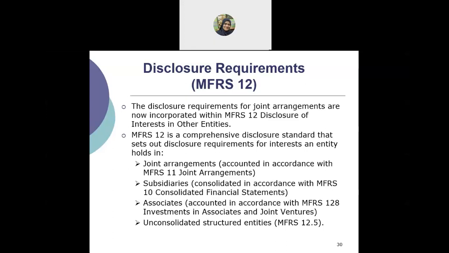We need to follow this standard for disclosure because it provides a comprehensive disclosure standard relating to the interests of an entity. For example, in a joint arrangement, subsidiary, associates or other unconsolidated structured entities, this one is another investment. So other investments will also need to follow MFRS 12.